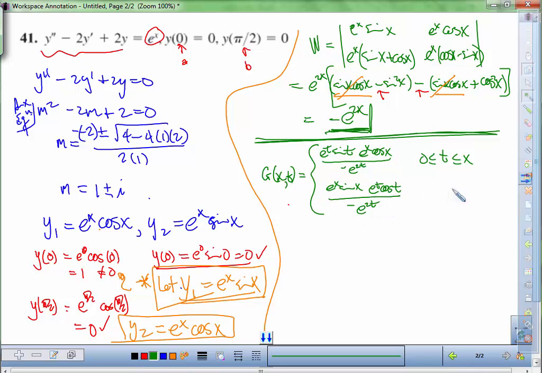And this is good for t values that go up to pi over 2, and x values, we'll pick up the integral from the x that we left off from the last function. So this is Green's function.